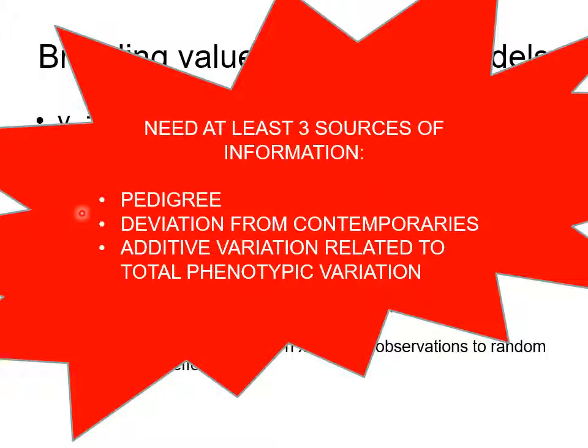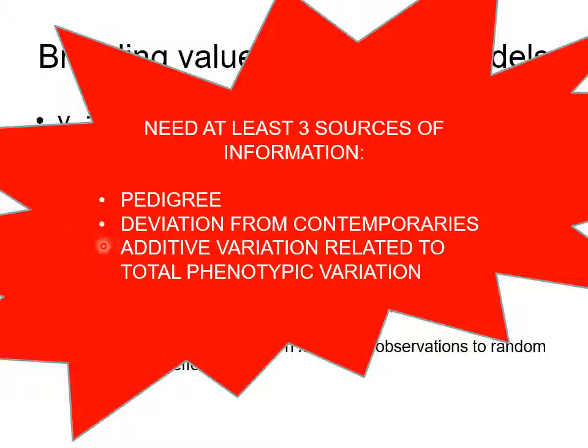Half the alleles from the one parent, the other half of the alleles from the other parent. So they get a random sample, but we need the pedigree because that will give us the relationship amongst these animals. Relationship basically means how much of the additive genes are similar or exactly the same as that of all the related animals in a population. So that's the first source we need.